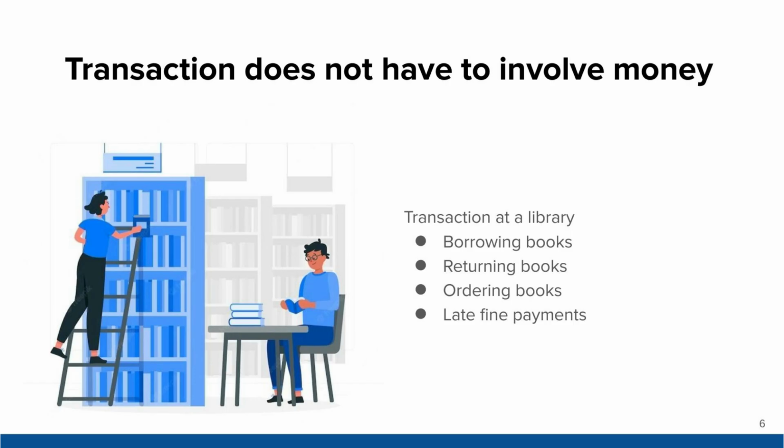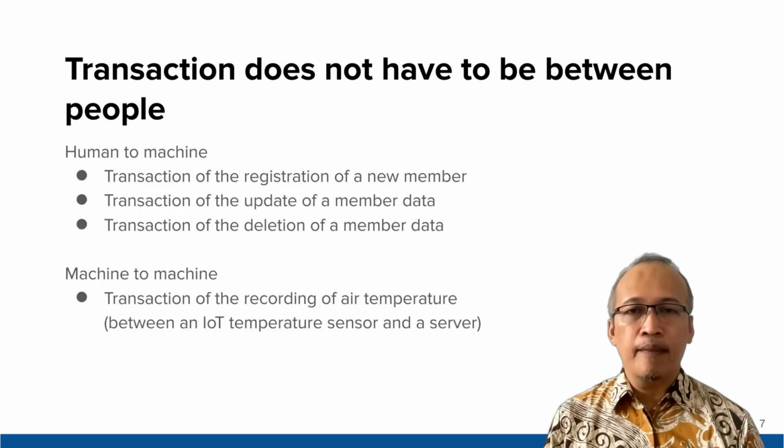Ordering new books, a transaction between the library and a supplier. Paying a late fine. Okay, this one involves money. The point is, a transaction is just any meaningful interaction between parties. Blockchain can store records of all of these events. This is actually a big deal because it means blockchain can be used for way more than just cryptocurrency. It can track anything.